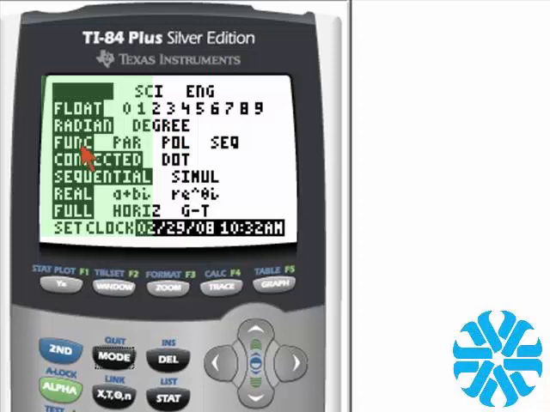Function mode, connected, sequential, real, and then full. If you first get your calculator and it is not in these particular modes, then you can go ahead and change them. The other modes are specialized, and you should refer to your manual if you want to explore the other modes of your calculator.